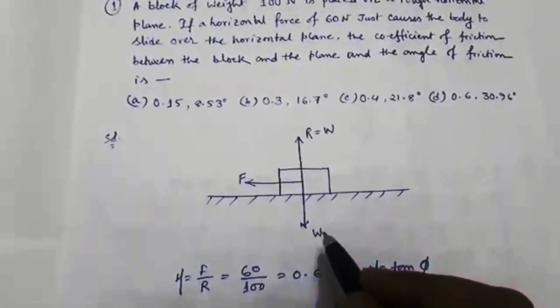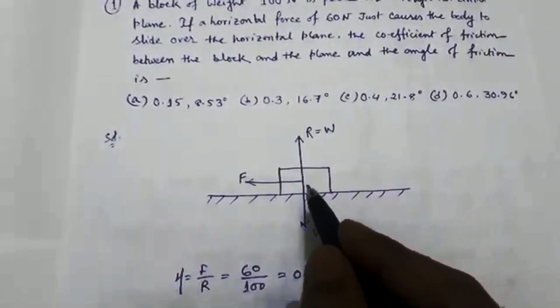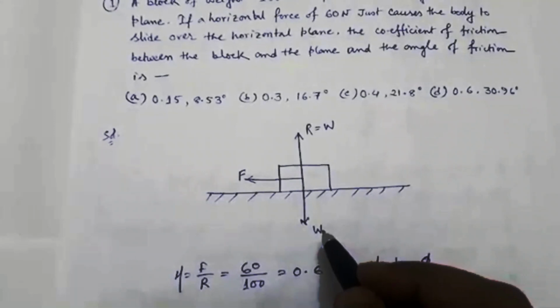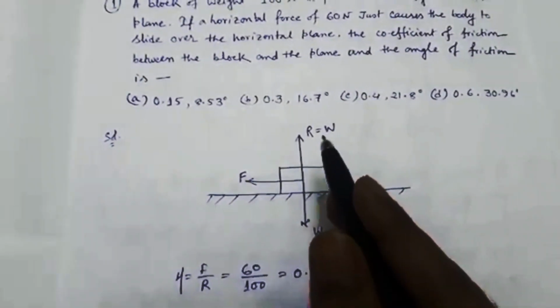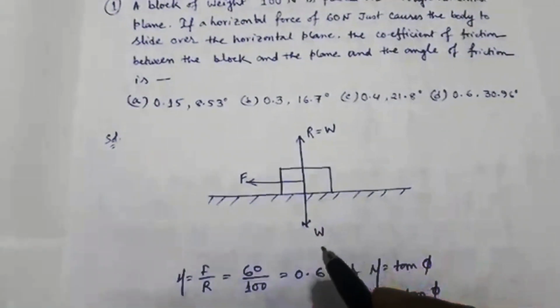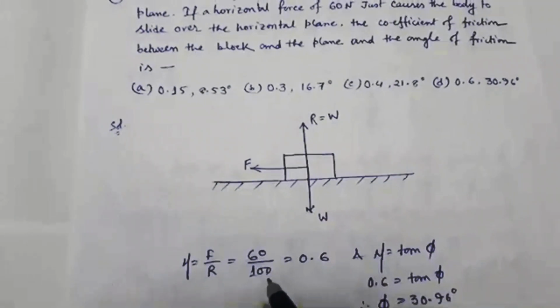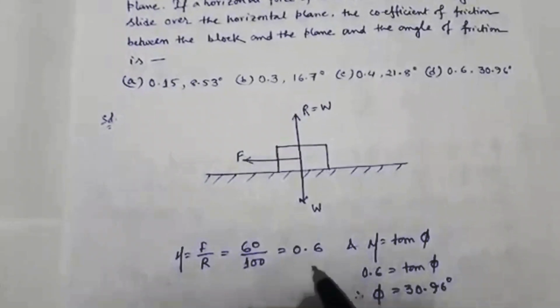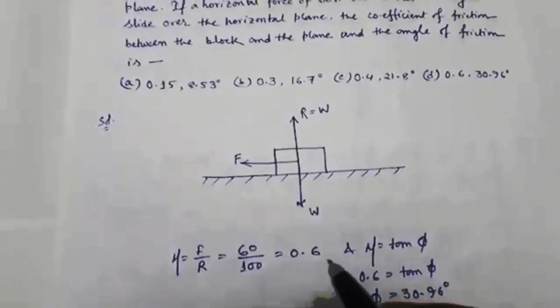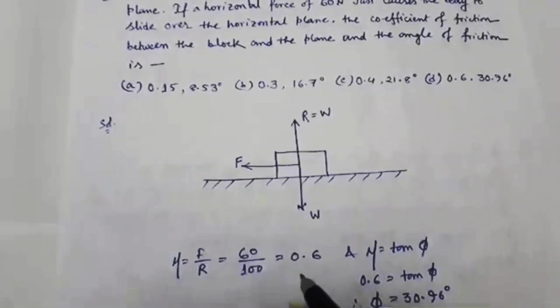What is R? The weight W is acting downwards, and it is equal to the normal reaction R. So R equals 100, and mu equals 0.6. The coefficient of friction is 0.6.